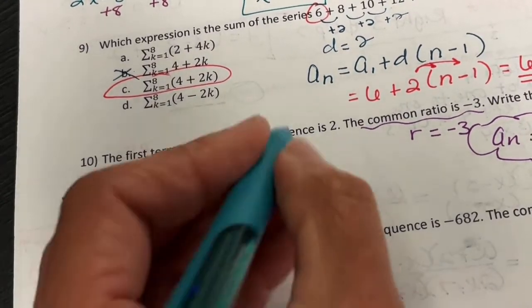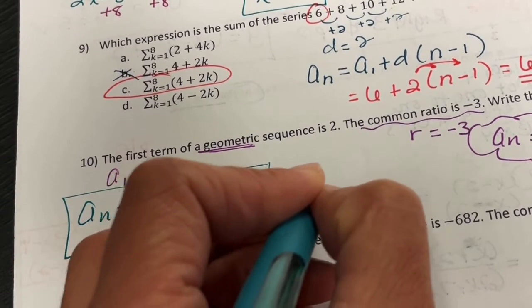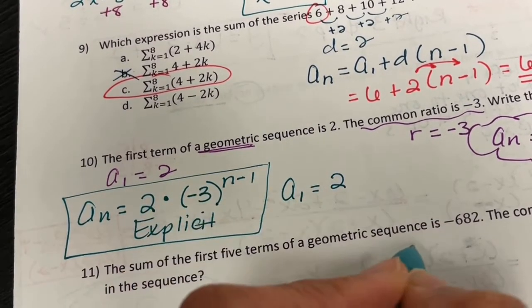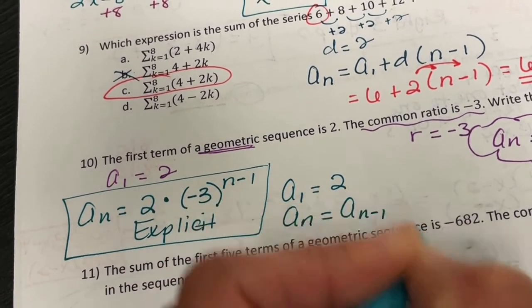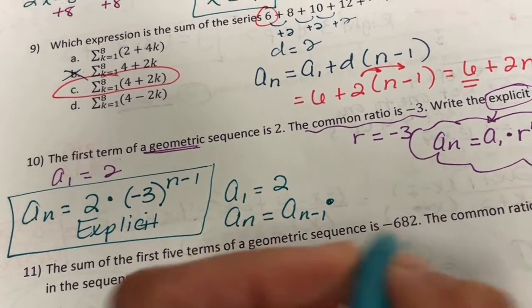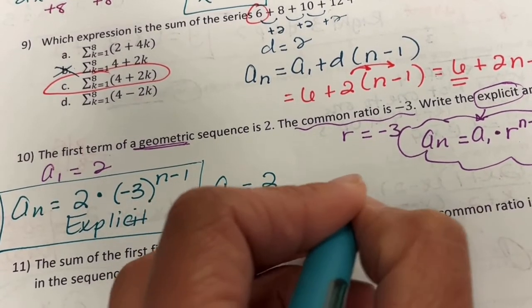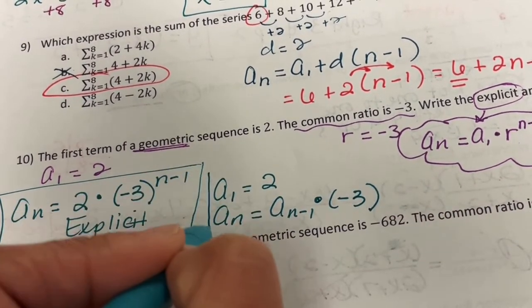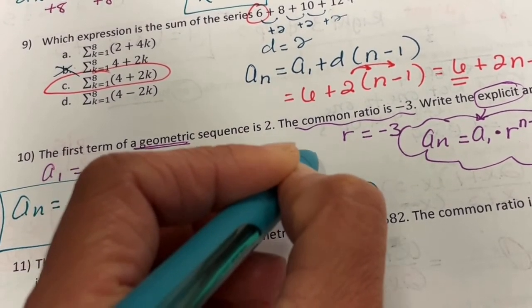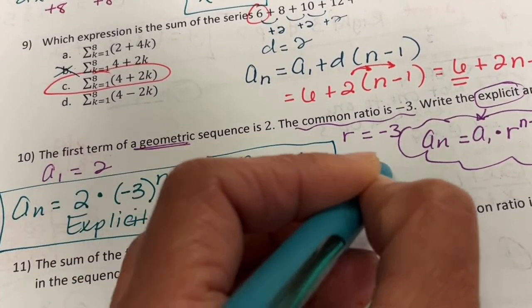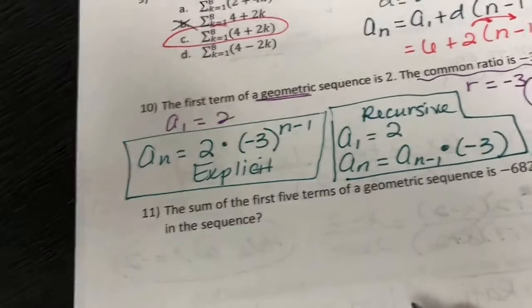Now the recursive formula, that is a1, you have to identify the first term, which is a 2. And then a sub n equals a sub n minus 1, the previous term, times the common ratio, which is a -3. And then that is the, let's label it the recursive. There we go.